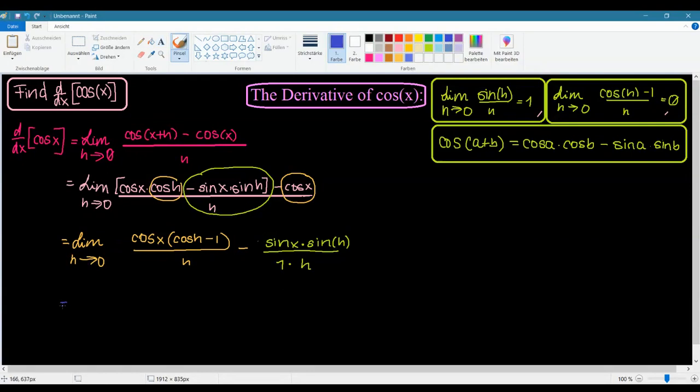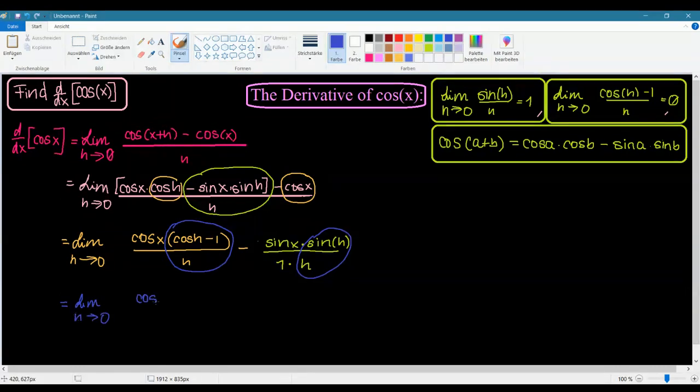Okay, so now what? You can tell we've got our one simplification here. That's going to become 1. And we've got our other simplification here. That's going to become 0. I'm going to write down the extra step in between for clarity, but you can already see where this is going to go.